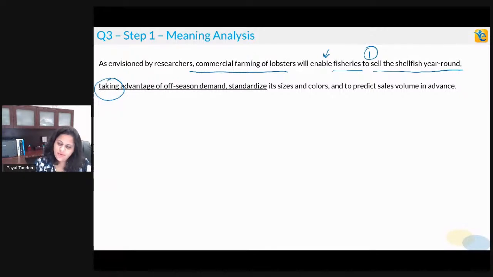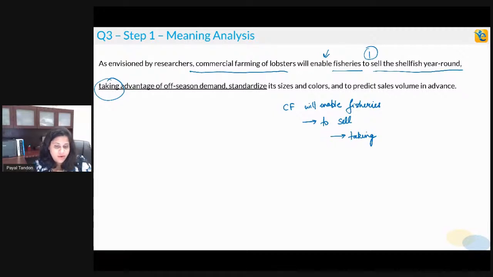Let's write this down. Commercial farming, CF, will enable fisheries to sell shellfish year-round, taking advantage. Now this is what taking advantage is, a verb-ing modifier, so you know that it's going to present a result or describe.